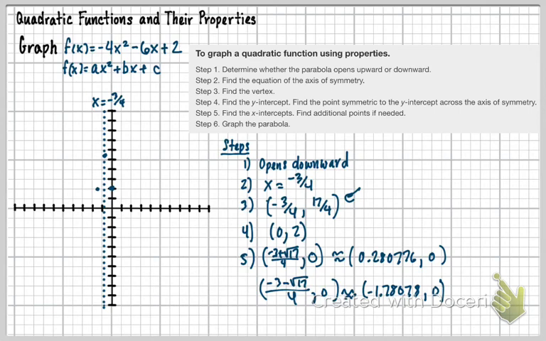Okay, so now that's 2 points there, and then we have our x-intercepts, which are the next step down here now. So we got our x-intercepts, and that's 0.28. So that's a little over a quarter on the positive x side. So about there. And then on the other side, it says -1.78. So that's like -1 3/4.